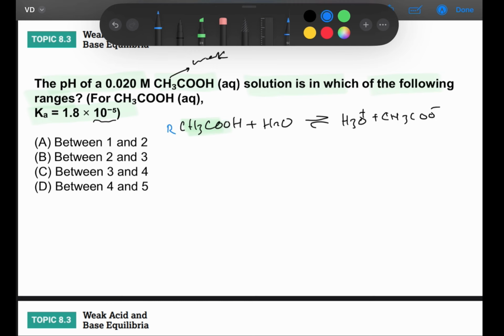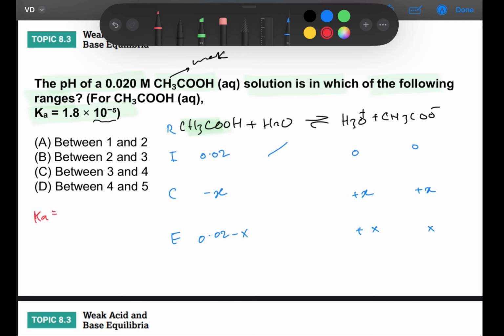We apply the RICE. Okay, so the initial value of CH3COOH is equal to 0.02. All right, the initials are zeros. The change is going to be minus x. For H3O plus it's going to be plus x, here plus x. Combine them together, so it's going to be 0.02 minus x, and here we have plus x, plus x.